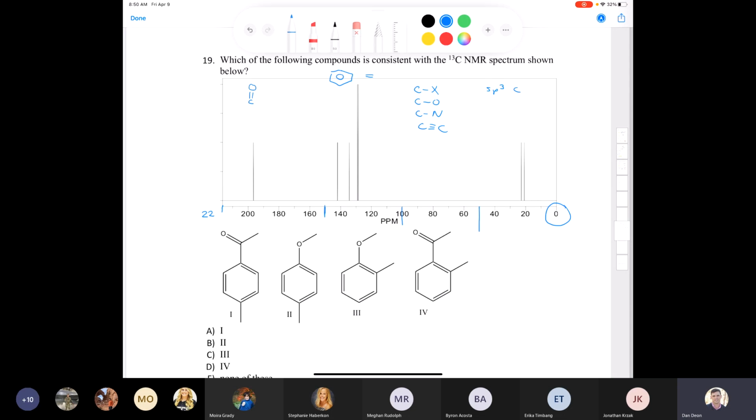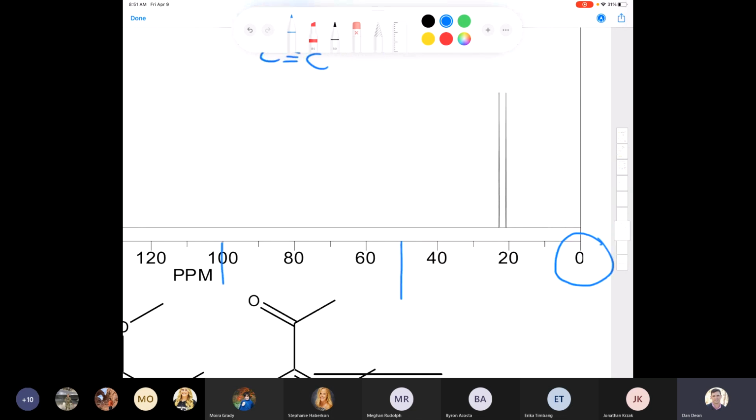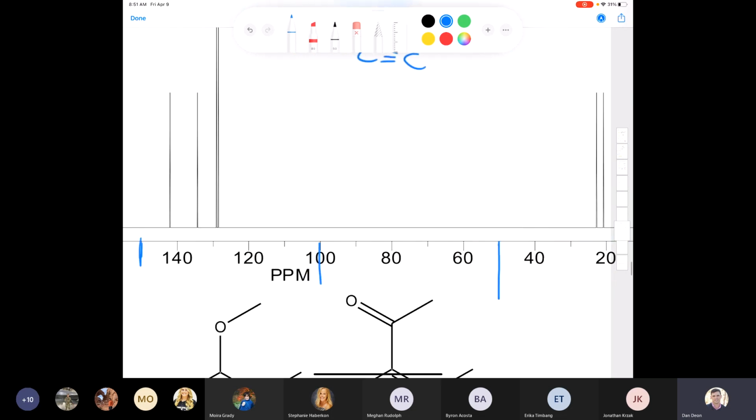So this is for a carbon attached to a carbonyl. So we've got 2 sp3 hybridized carbons, some aromatic carbons, and what else? We have a carbonyl. Well, how many signals are there in this spectrum? I'm going to zoom in here. You can clearly see that I have 2 signals just above 20.